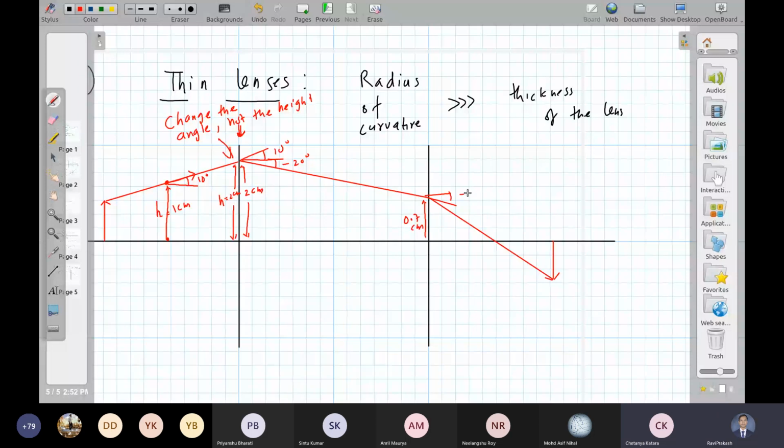Let us say -30 degrees, right? हाइट, principal axis से हाइट कितनी थी? When it is incident on this lens, 0.7, जब इस लेंस से बाहर निकली तब भी लाइट 0.7 की हाइट पर ही थी. Same is here. So what is the role of the lens in this case? They just change the direction of light, change the angle, but it does not change the height.